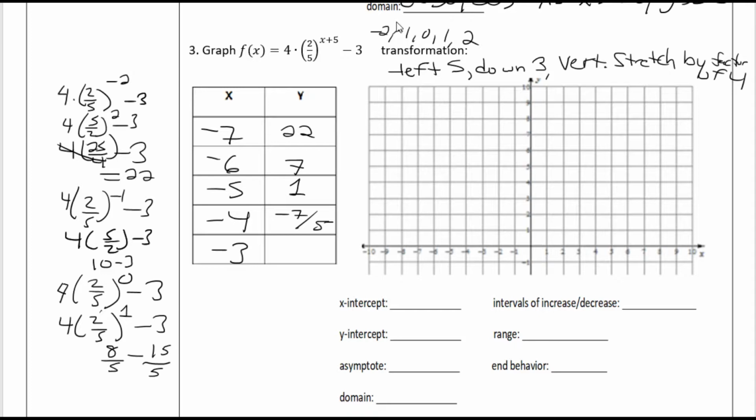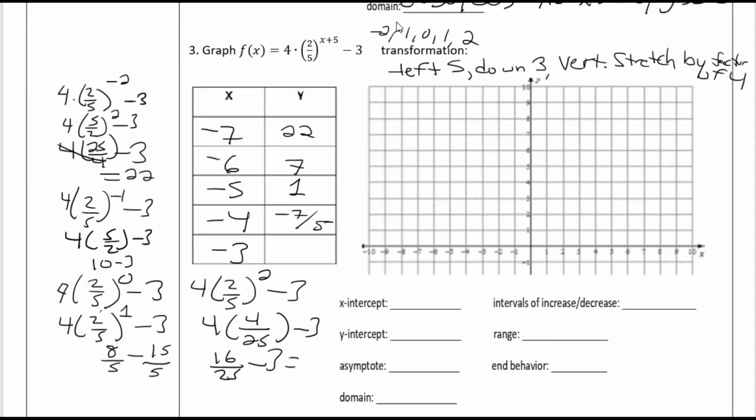Now let's plug in -3. So we have 4 times 2/5 to the 2 power. 2 squared is 4. 5 squared is 25. 4 times 4 is 16. So you have 16/25 minus 3.